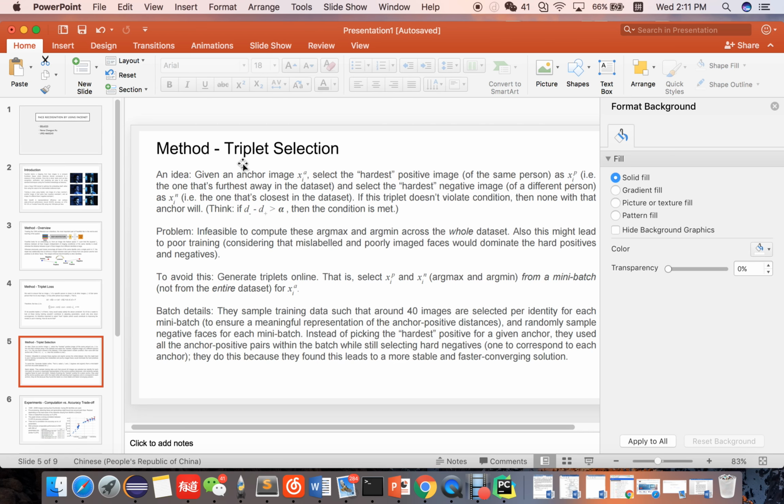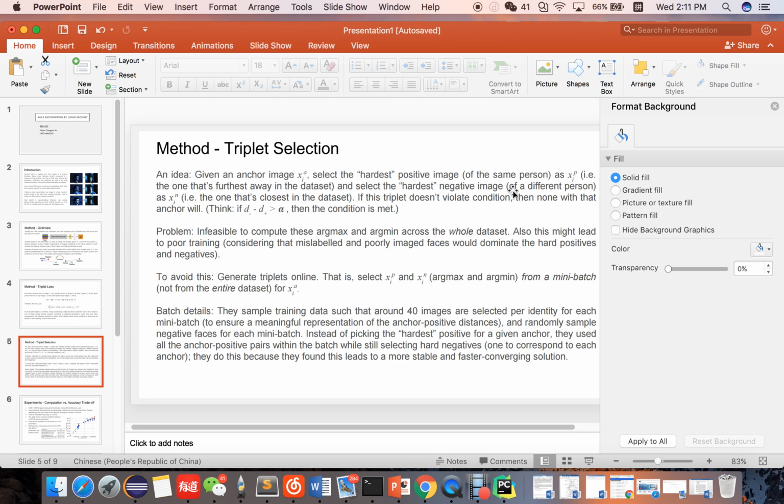And we select the hardest negative image, which means the image with a different identity whose distance is the smallest in our database, meaning it is closest.